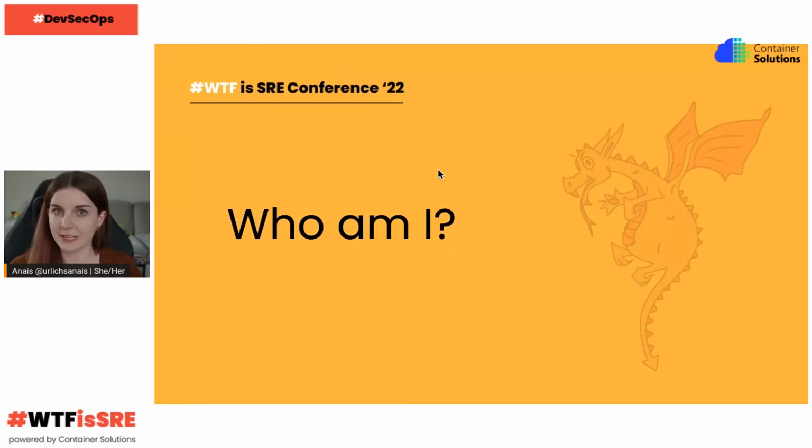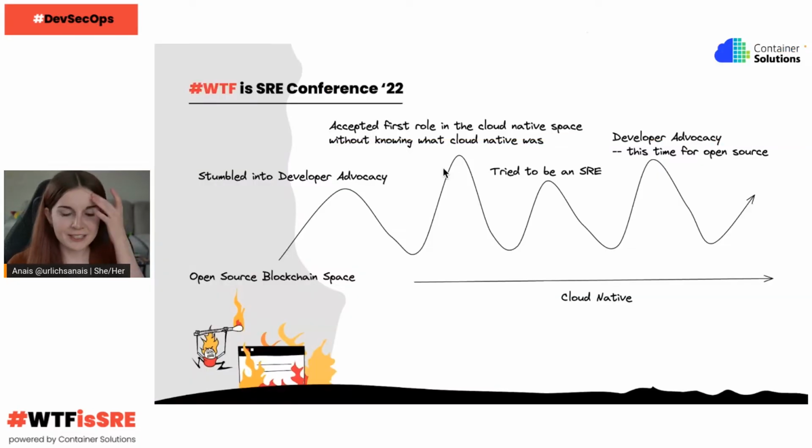So who am I? Why do I want to talk to you about cloud native and security? Well, it's a bit of a longer story, which I will cover within this presentation as well. I feel like it's important to elaborate where I'm coming from and what I've been doing in the past year, and why I want to talk about this topic specifically. I started my career in the blockchain space, working as developer advocate for open source blockchain projects.